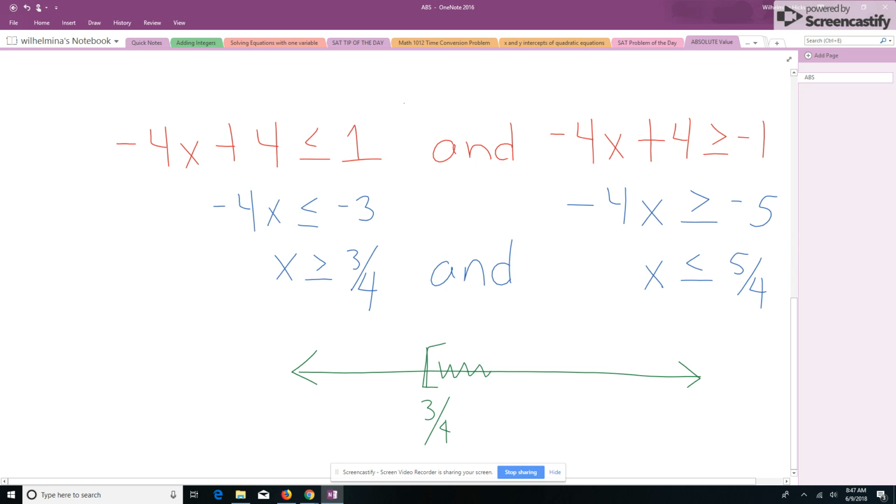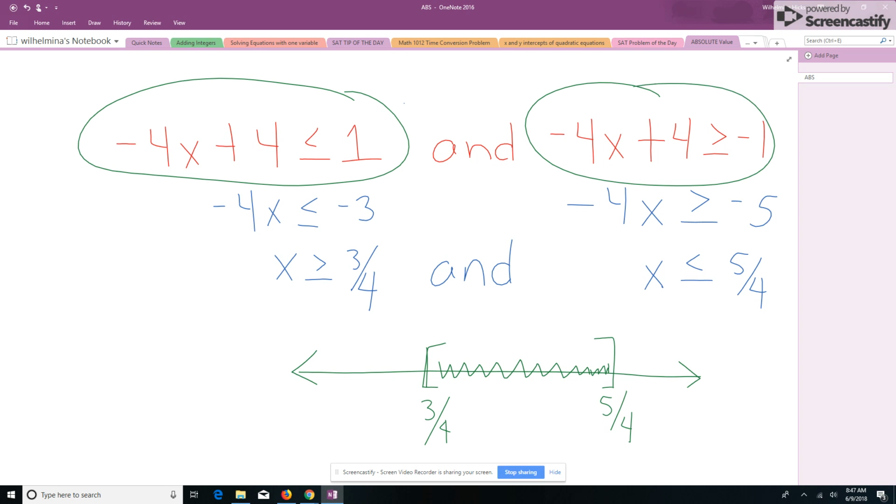It can be greater than 3/4, but also it has to be less than 5/4. We need a value that will make both inequalities true. And what numbers will make both inequalities true? Numbers that are greater than 3/4 but less than 5/4.